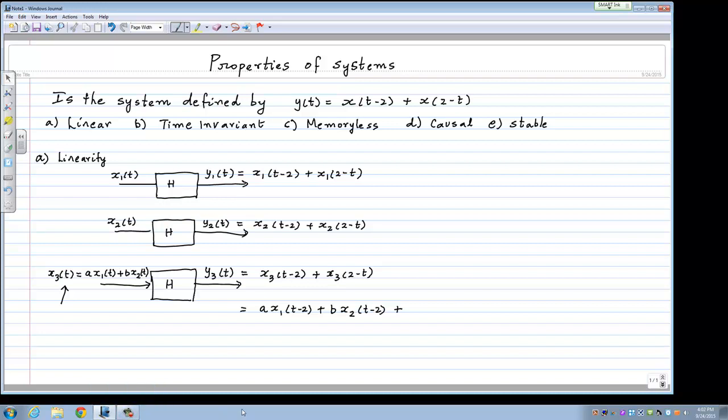Does this make sense? I've just written the first part. This is just x3 of t minus 2.